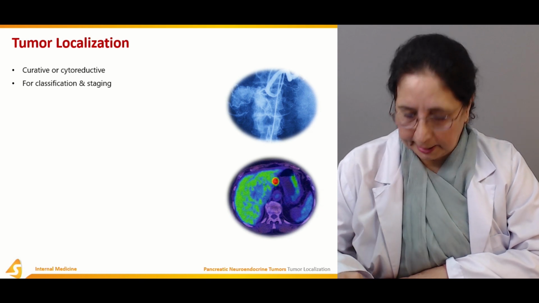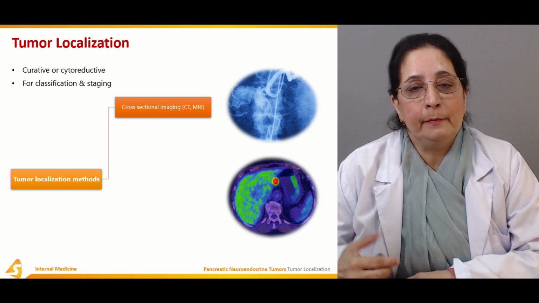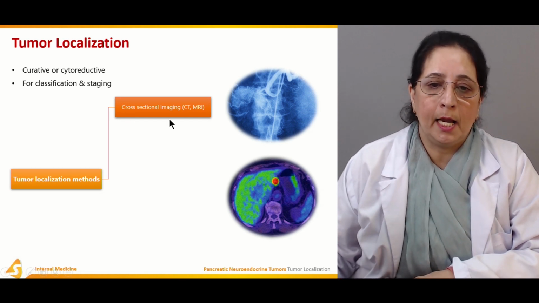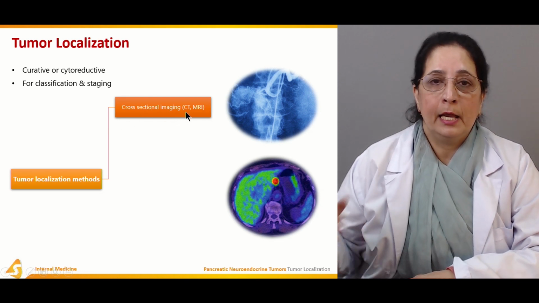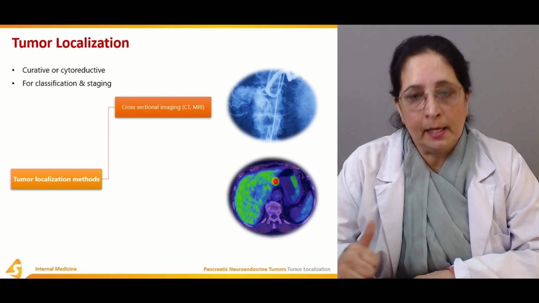tumor localization. The tumor localization methods which are used: we have CT and MRI, cross-sectional imaging, and in cross-sectional imaging we have CT scan and MRI.